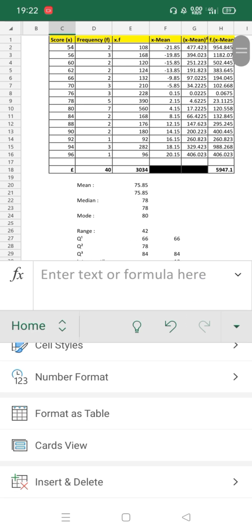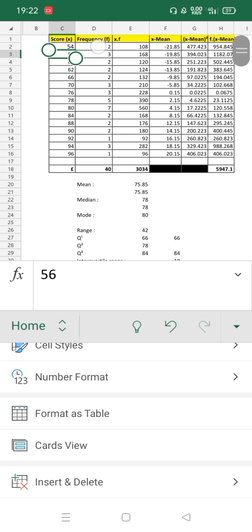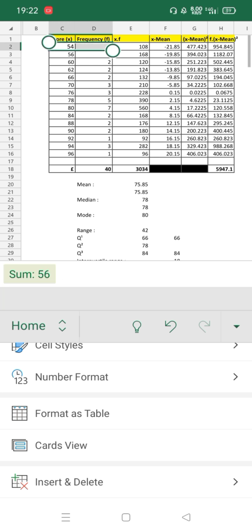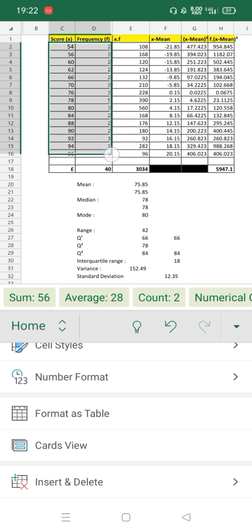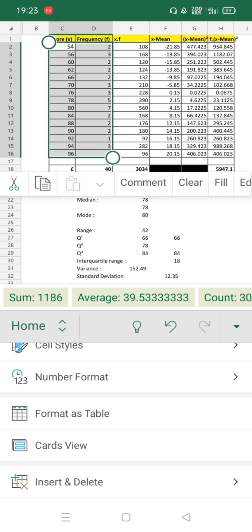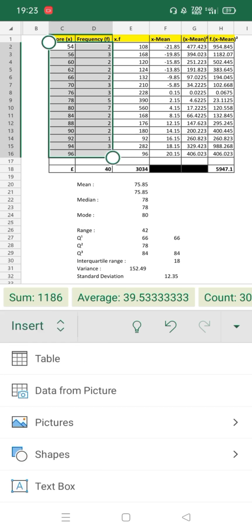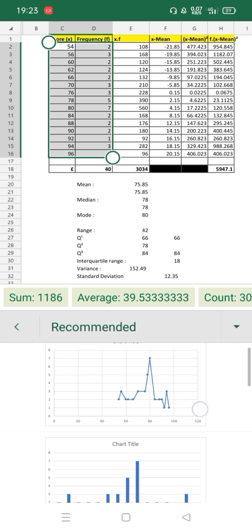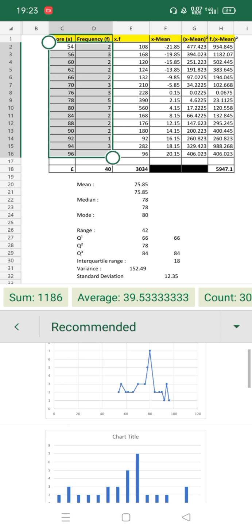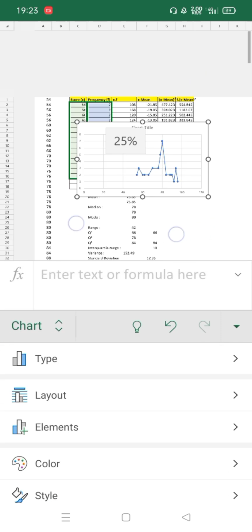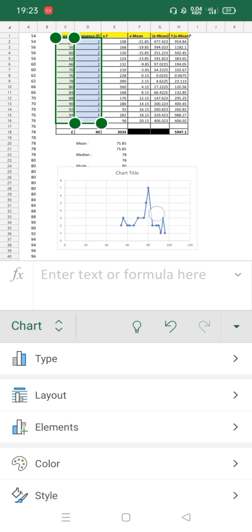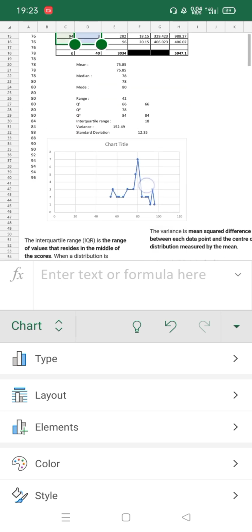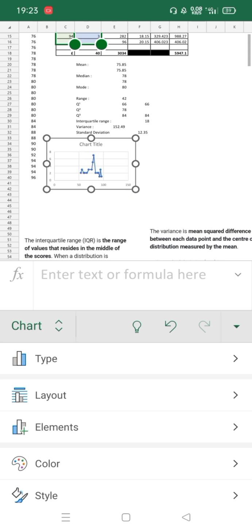You just select the score and the frequency, go to insert, and look for recommended charts. And where is the polygon? In here you have the polygon, and you just drag this to be lower.